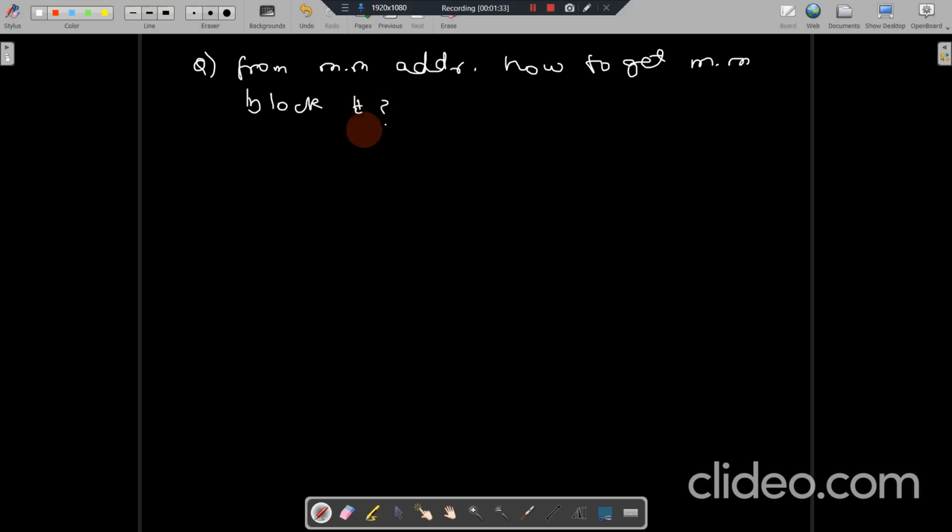Okay, this is the question. And what are the things which are given to us? Blocks in cache, that is 4, from 00, and we know that 4 distinct memory addresses can be represented using 2 bits.